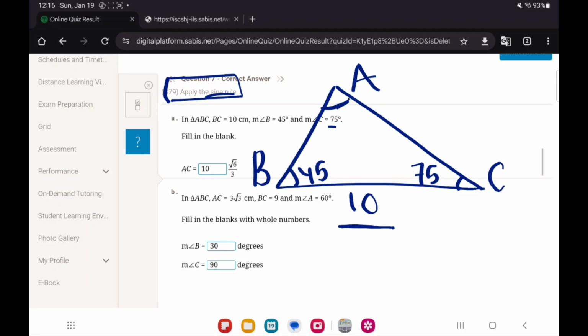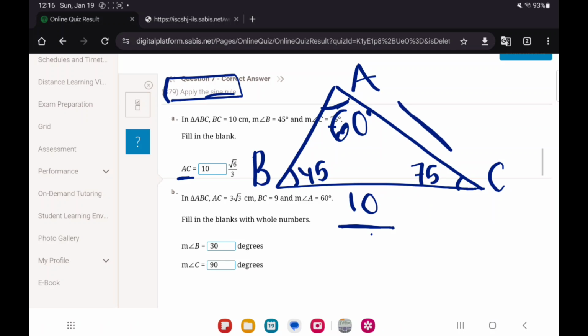Angle A. And what do we know about a normal triangle? Okay, a normal triangle is equal to 180. Okay, so we'll just do 180 minus 45 minus 75, we get 60. So we found the angle, which is 60, and now we have a side opposite of it, and they want AC, so they want this.